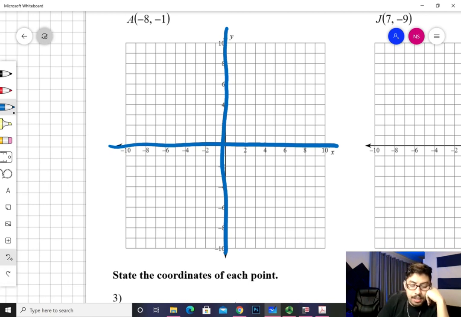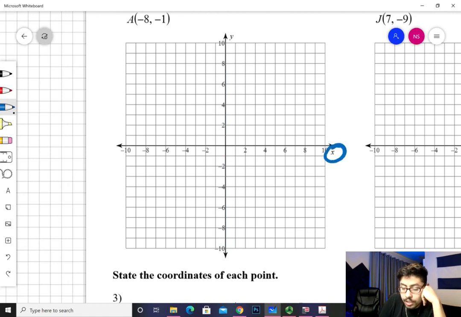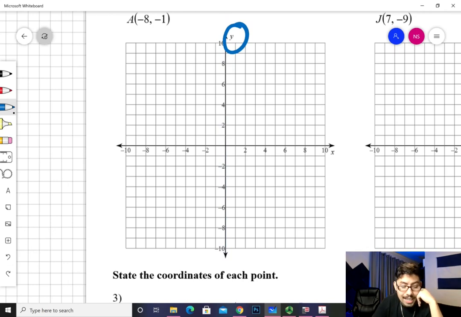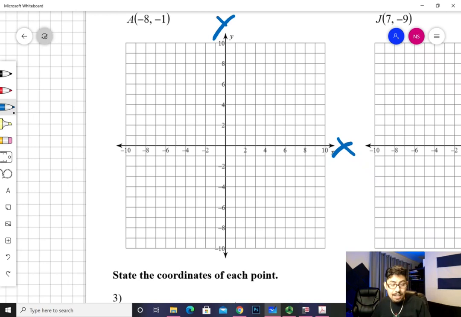Most likely they'll give you the axes labeled, but in case they don't, you should always know that the horizontal axis is your x-axis, and the vertical axis is your y-axis. Okay, so this is your x and this is your y. That's going to be important in a little bit. So, you know your quadrants now. You know your axes now.